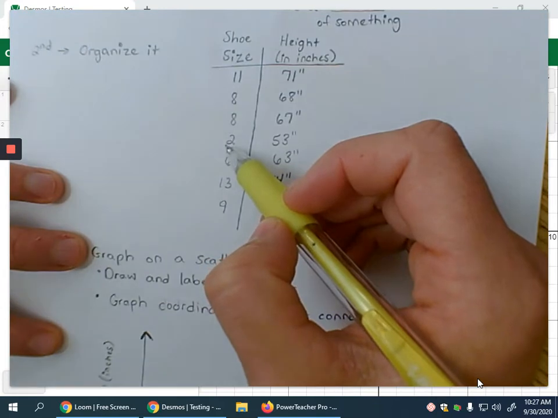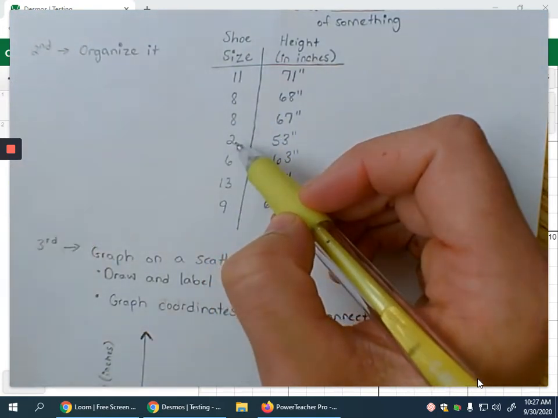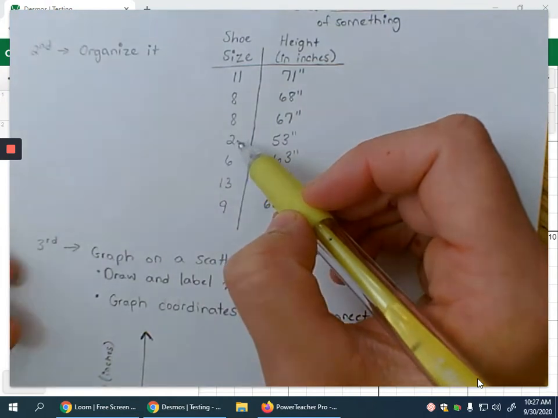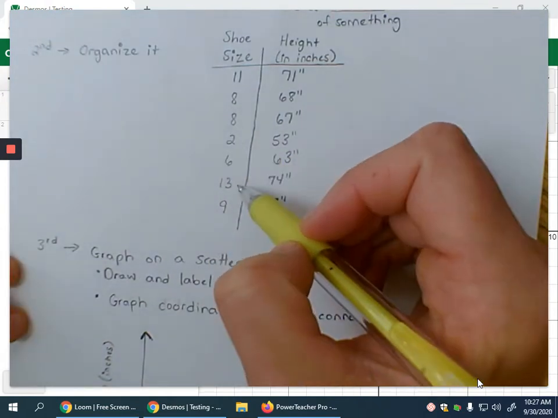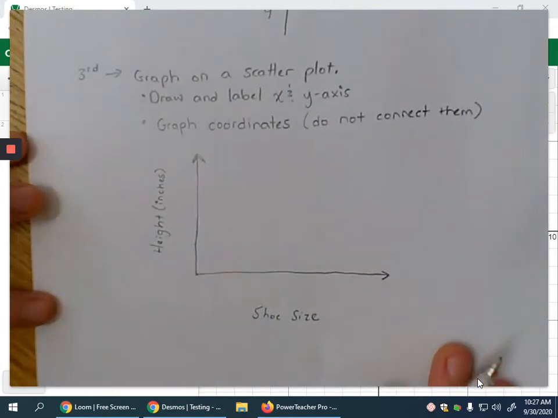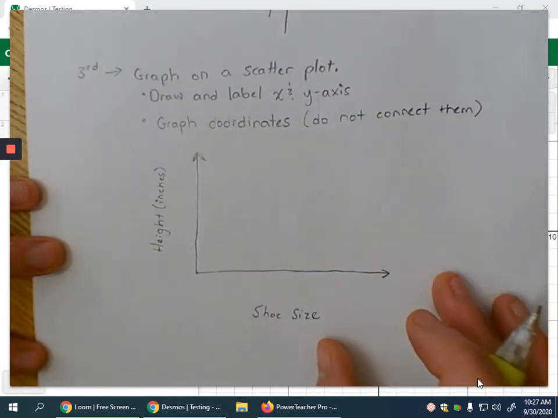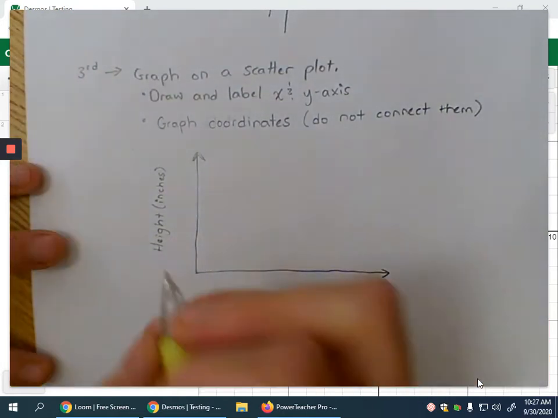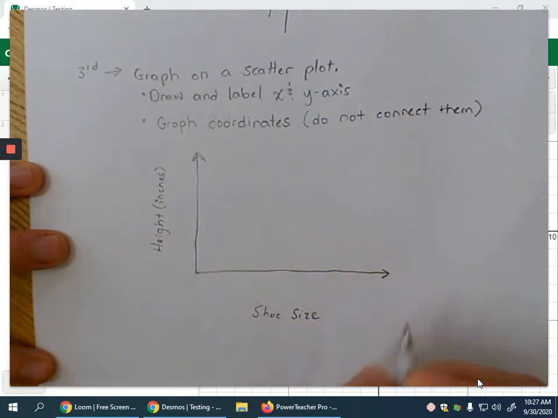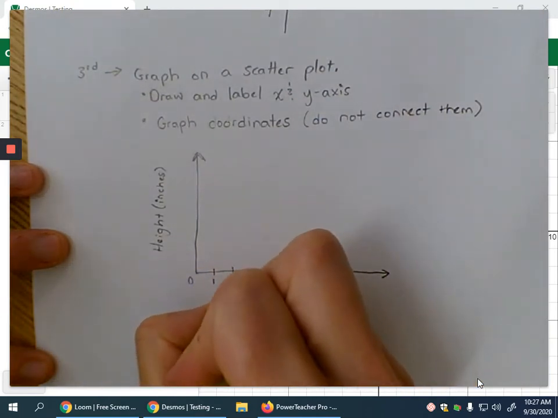For my shoe sizes, the lowest shoe size that I recorded was a 2, and the highest was 13. That's going to help you determine what to go by. Since it goes all the way from 2 to 13, I'm actually just going to go by ones on my x-axis. So this is 0, and then I'm going to go by ones all the way to 13, because that was my highest one.